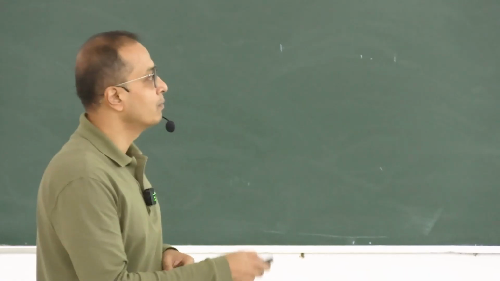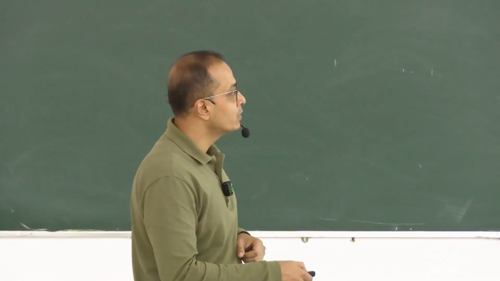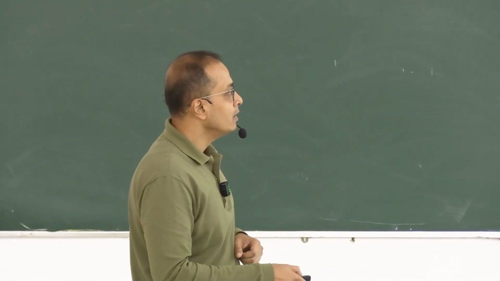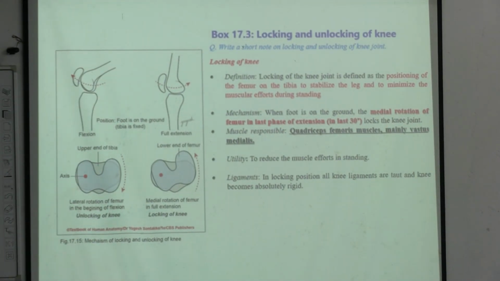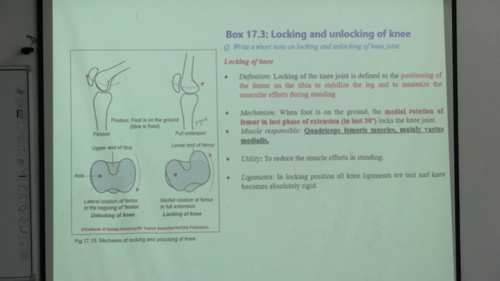When this final stage is going on, we have a rotation of these bones. We see medial rotation of the femur happening on the last phase of extension on the tibia.